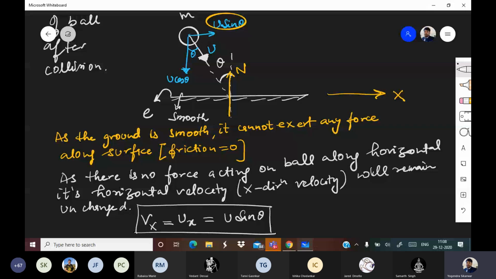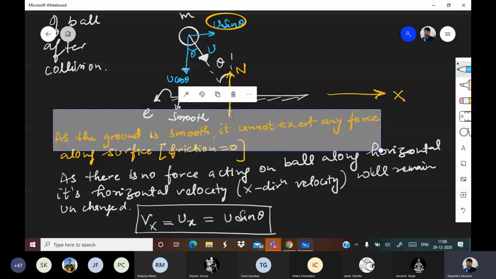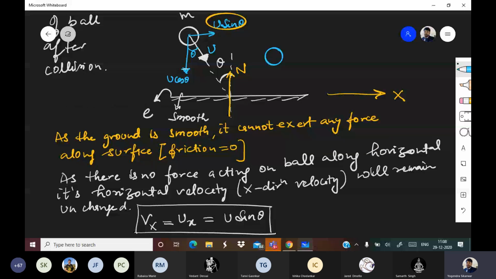Now comes the next question. The ball is actually coming with u cos theta towards the ground. After collision, I am considering that this is the scenario. This velocity is u sine theta.